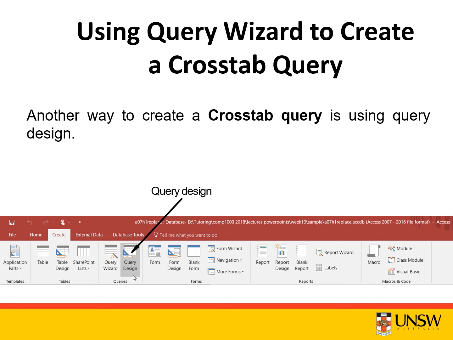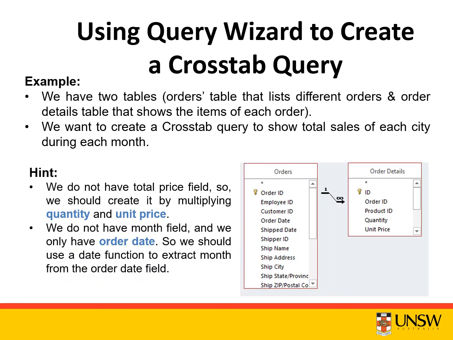Although using the Wizard for creating a crosstab query is an easy and straightforward way, you can also use Query Design to create or modify your crosstab query when you need more advanced options. In this example, we want to use the Query Design to create a crosstab query for two tables called Orders and Order Details.